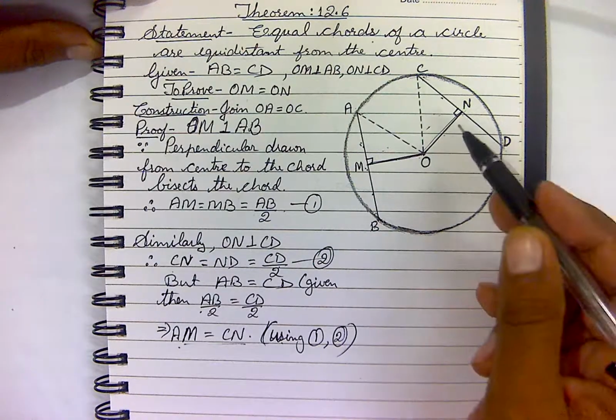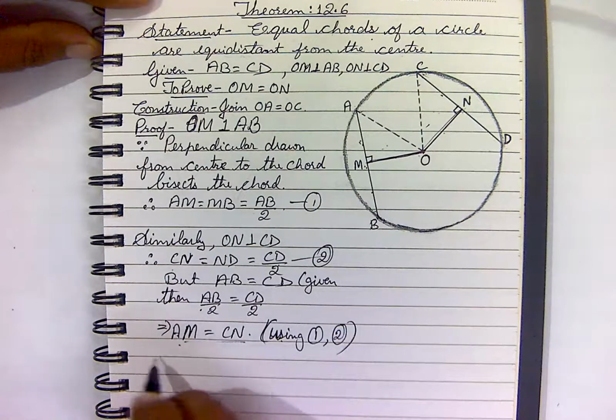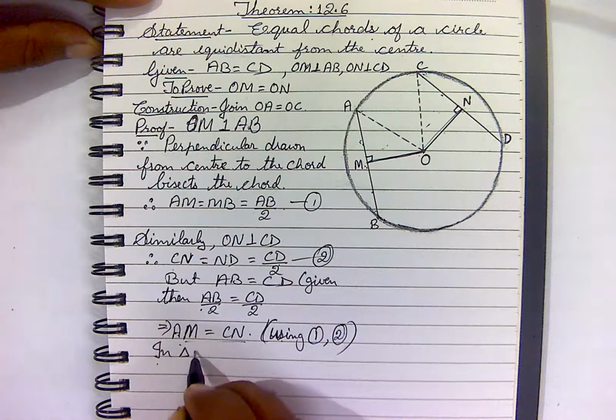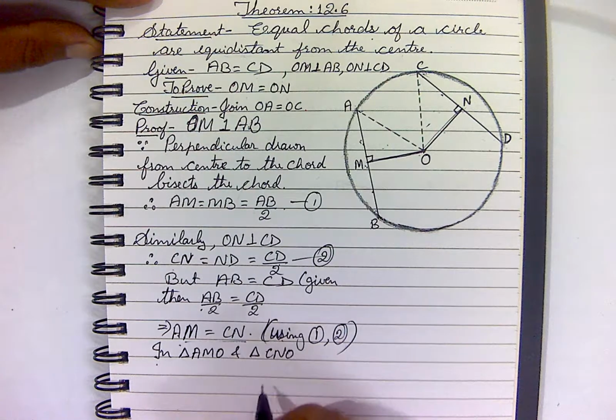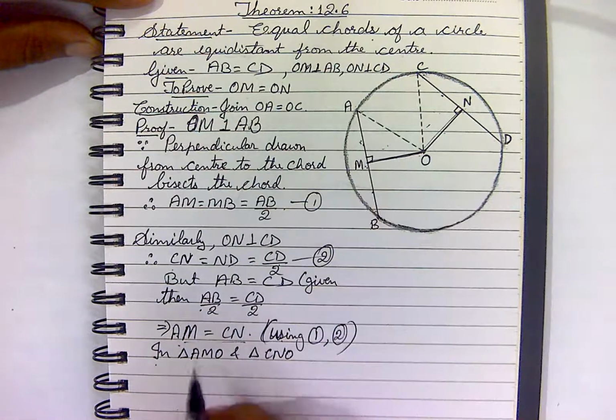Now I think you can easily prove that the triangles are congruent to each other. In triangle AMO and triangle CNO, taking the two triangles, what do we have?